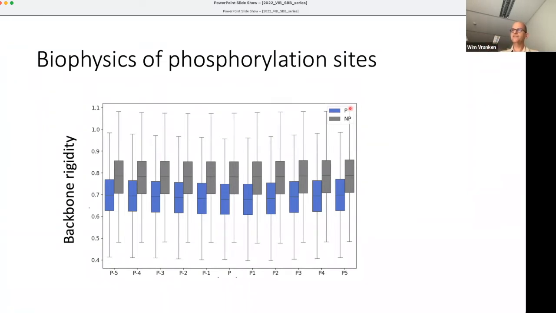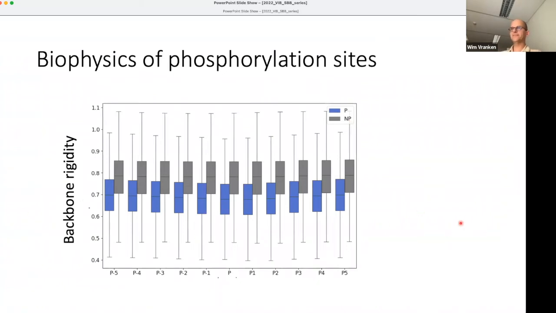And here you see the distribution for backbone rigidity, so the Dynamine I talked about, where 1 is rigid, 0.4 is flexible. For phosphorylated and non-phosphorylated sites, where we made sure that we extracted data so that the non-phosphorylated set is very similar to the phosphorylated set, except that there is no evidence for phosphorylation.